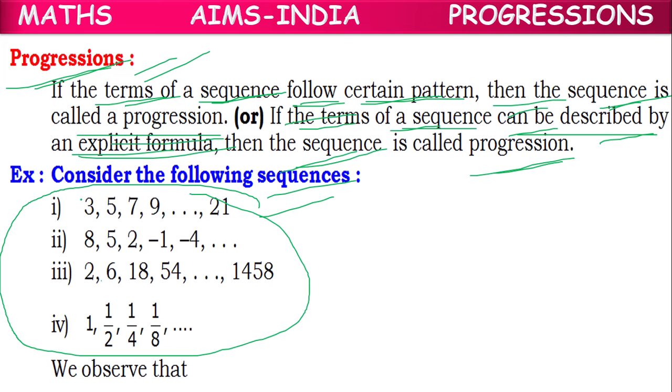First one, if you take the first one, 3, 5, 7, 9, and so on up to 21. In this, what formula is involved in this sequence?